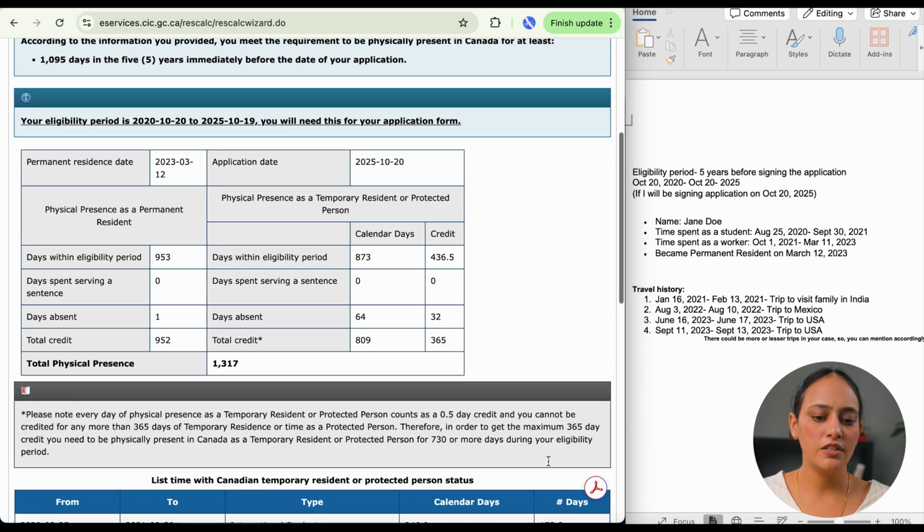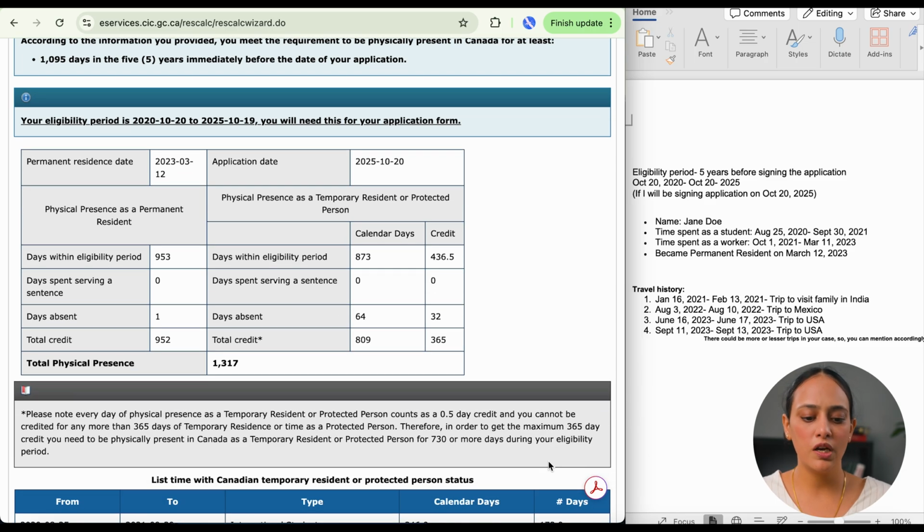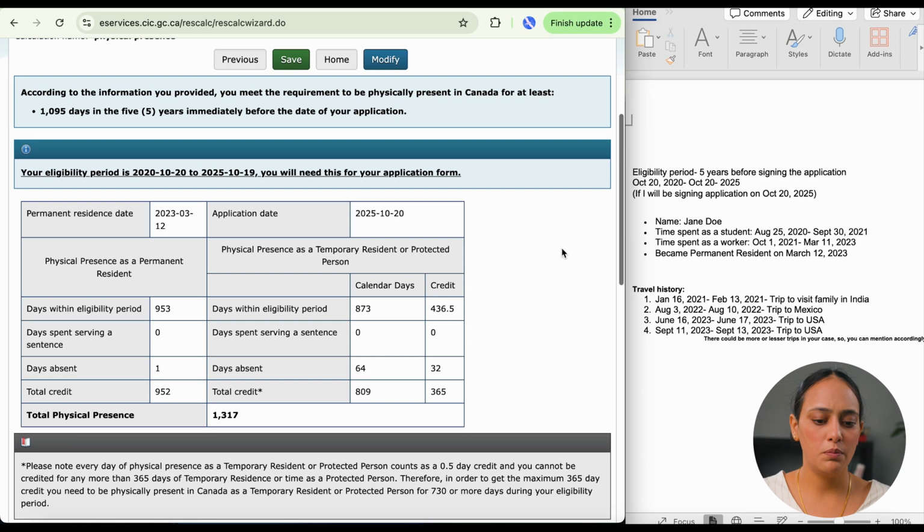After that, it will give you a summary of your eligibility period. For me, the eligibility period was determined by the calculator, and it was this period. After that, it calculated the total physical presence to be 17 days, which is of course greater than the physical presence requirement. So based on this information, the person is eligible to apply for citizenship.